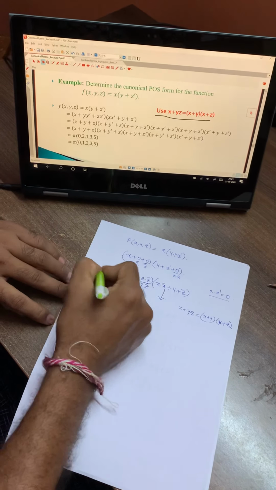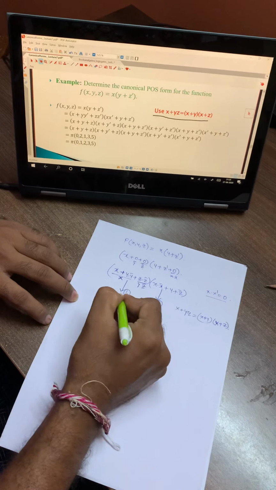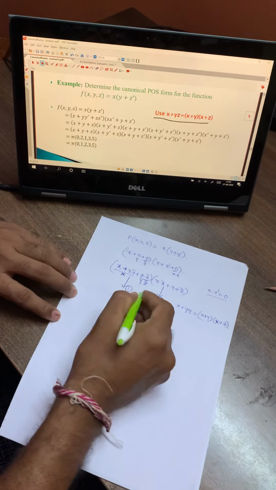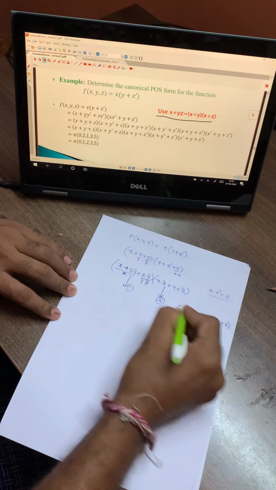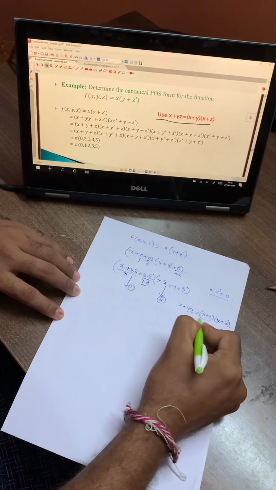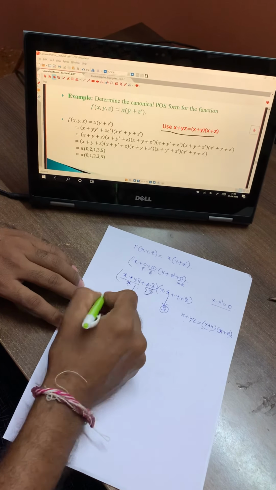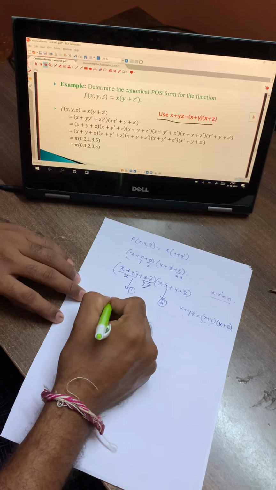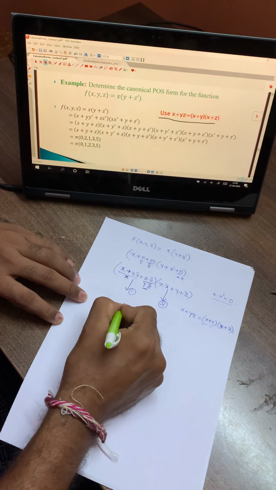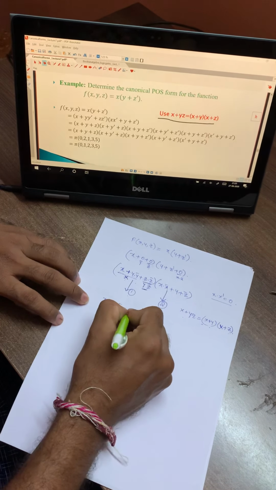Let us focus first on term 2, which is in the form of x plus yz. So x plus yz can be represented as x plus y into x plus z. What is x here? x plus y dot y bar, and y is y bar, z is z.